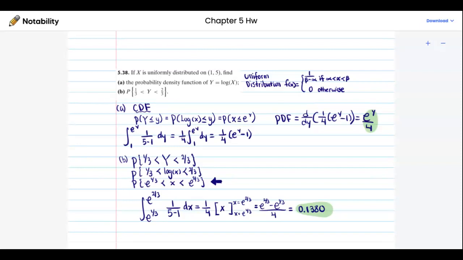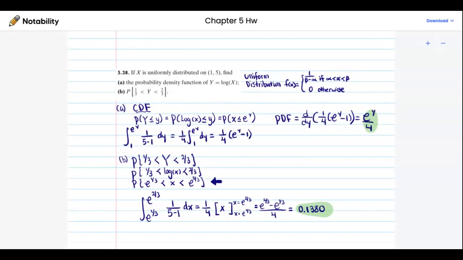Since Y is log X, we want to express it in X. So we have the probability that e to the 1/3 is less than X less than e to the 2/3.